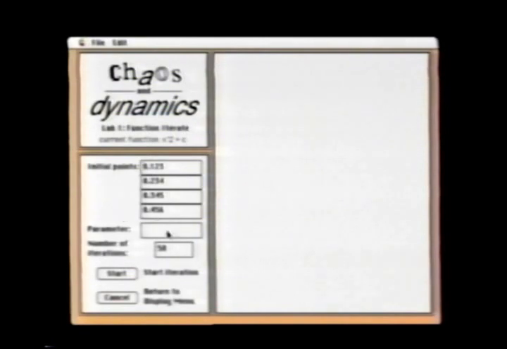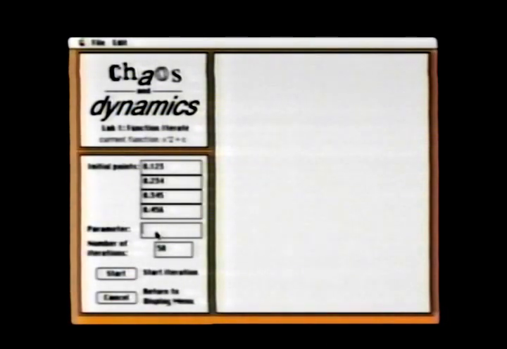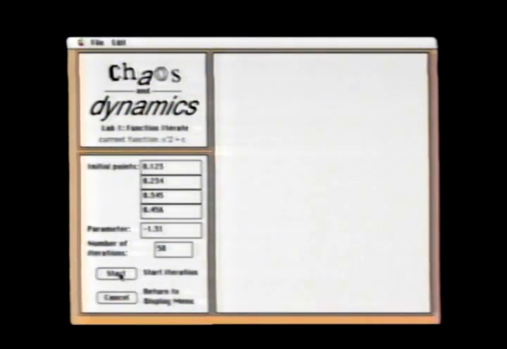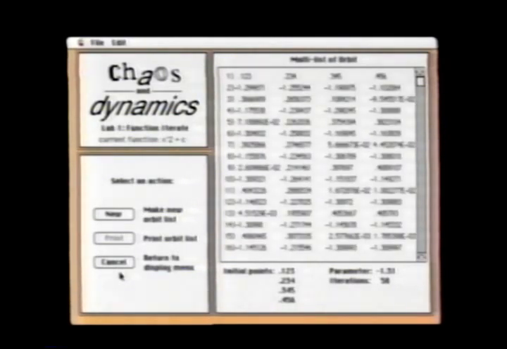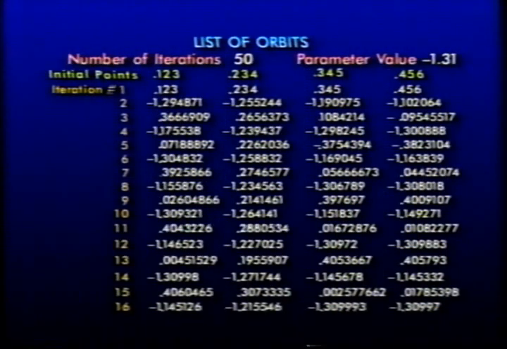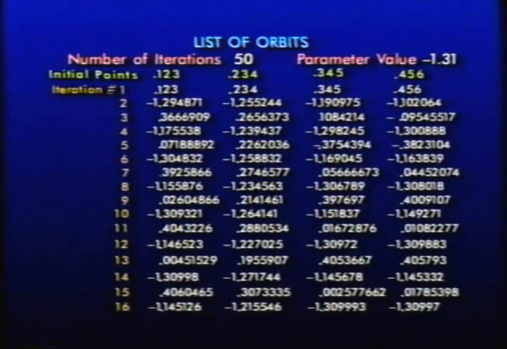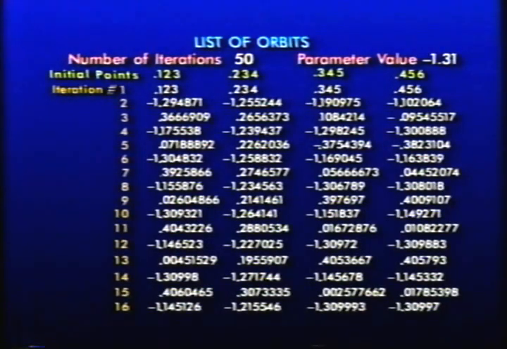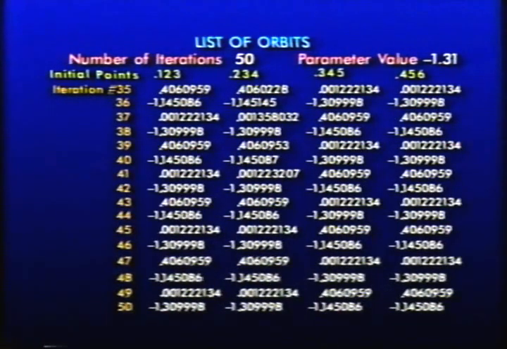Let's do one more experiment. Let's compute not the value of c minus 0.9, but rather minus 1.31. Again, the same orbits for x squared minus 1.31. When we compute those orbits, you see something completely different. Let me again look down at iterations near 49 and 50.